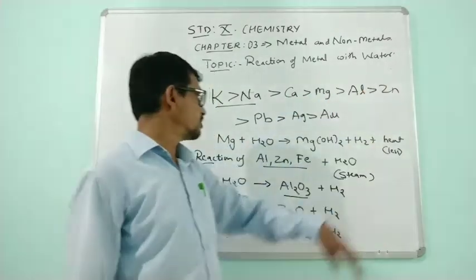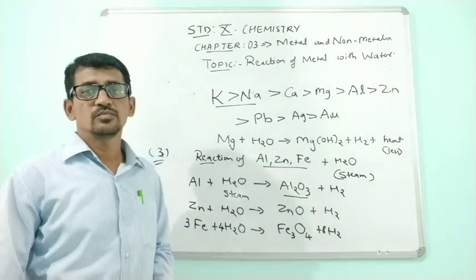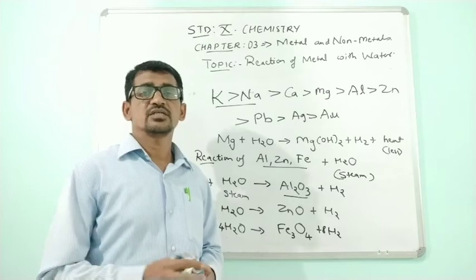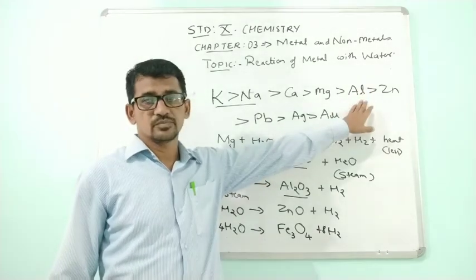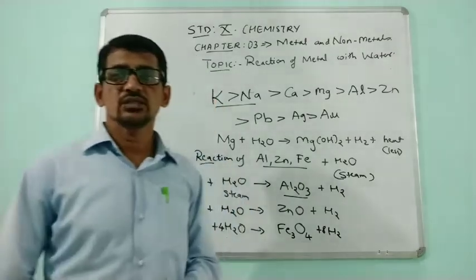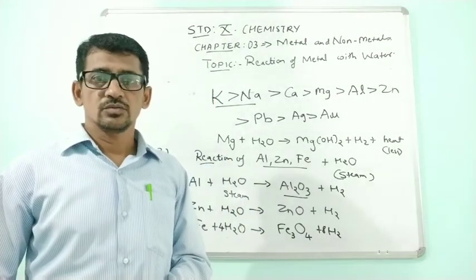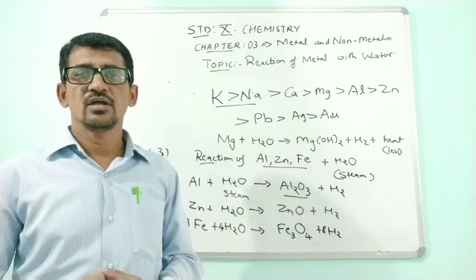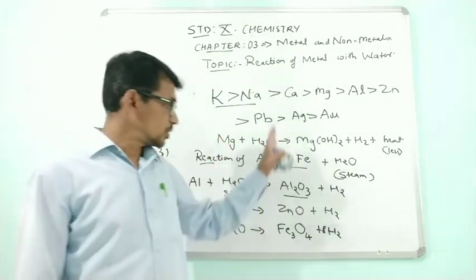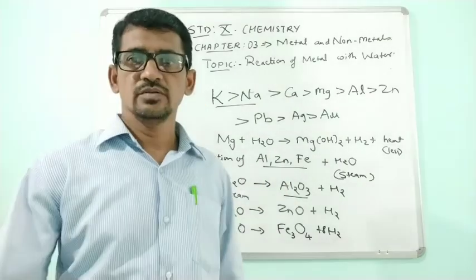With aluminium and zinc, it will form oxide, but this reaction takes place in the presence of steam. And with silver and gold, there is no reaction with water. So these are the reactions of metal with water. Try to write these reactions and balance them. Okay, thank you.